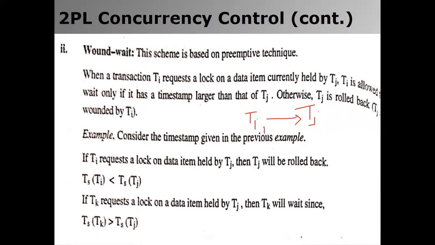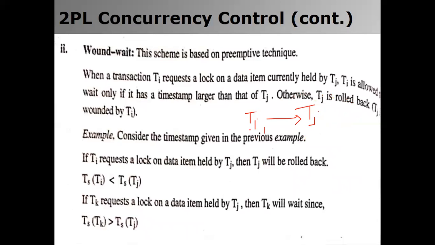But if the timestamp value of TI is less than the timestamp value of TJ, at that time TI becomes the old transaction. And if it is the old transaction, then TJ is rolled back. The young transaction has to be rolled back and TJ is going to be wounded by TI.